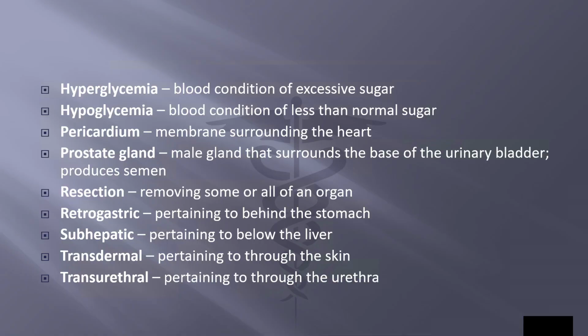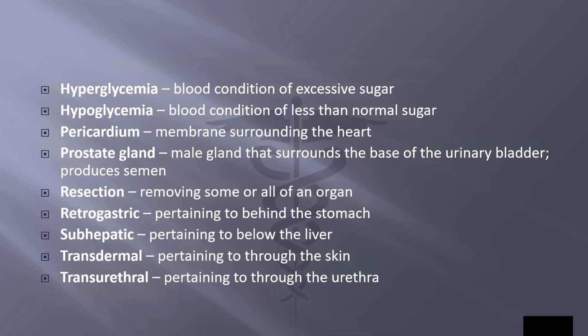Then we have pan. This means all. And our medical term, pandemic. Demo means people. COVID-19 is a pandemic disease that in 2020 spread all through the world, causing millions of infections and deaths.